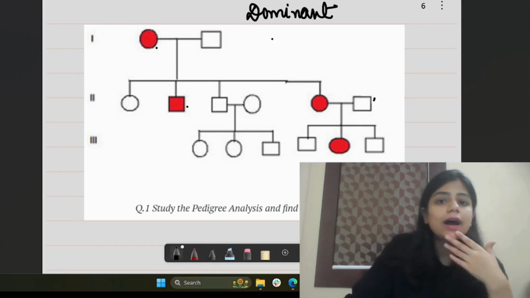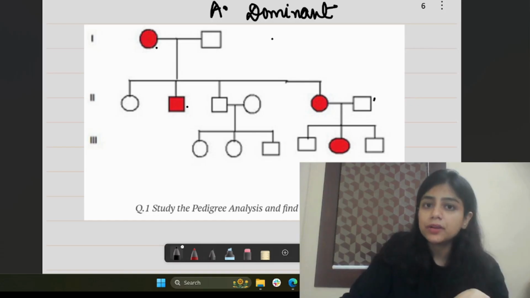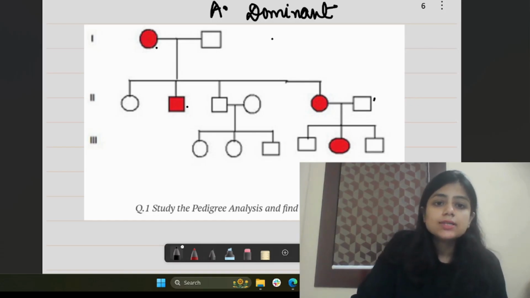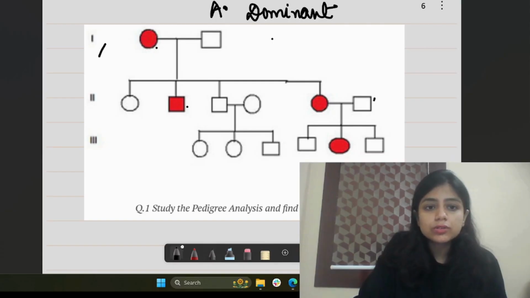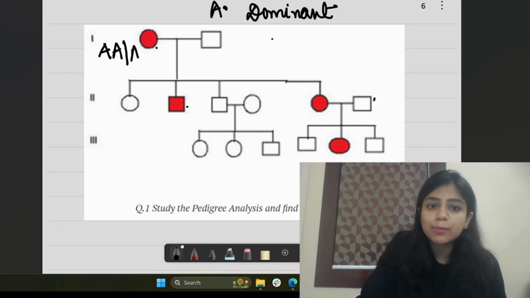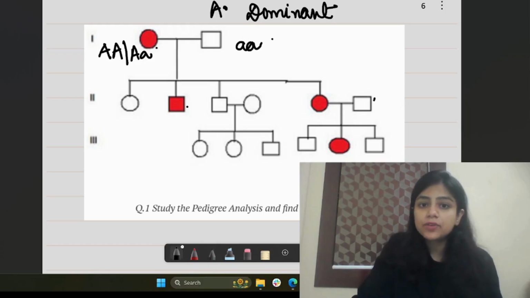So I consider it to be autosomal dominant. Let's take the example of it. This can be capital A or small a, and this will always be small a, right?